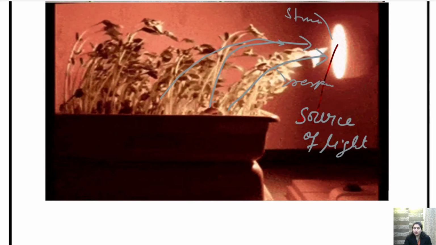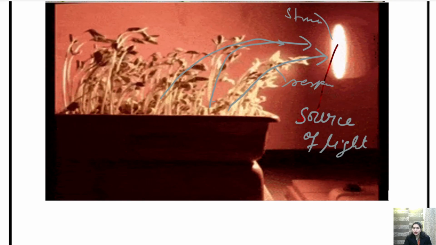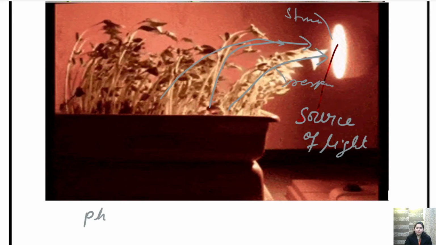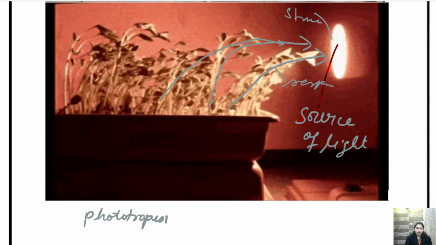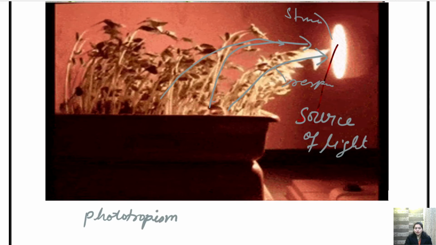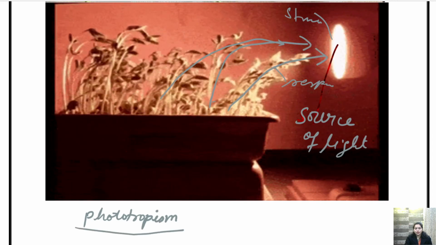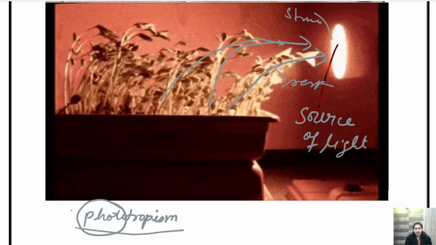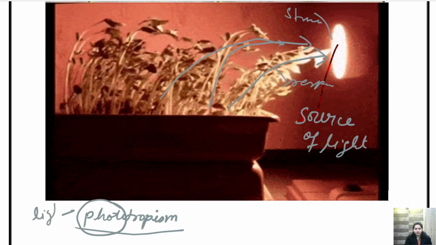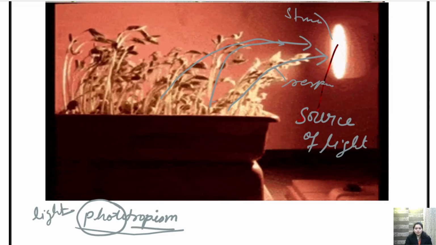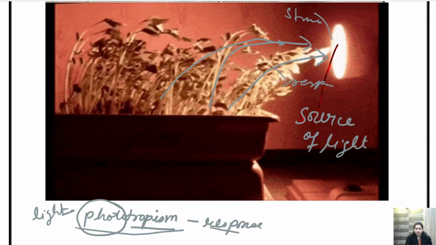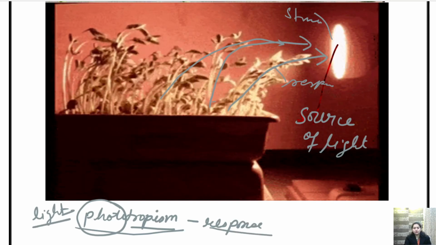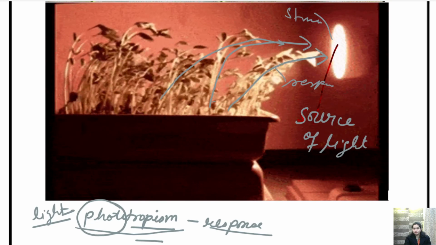And this property of plant moving towards the light is called phototropism. क्या बोलते हैं इसको हम? Phototropism. Photo means light and tropism means response. So it is called phototropism.